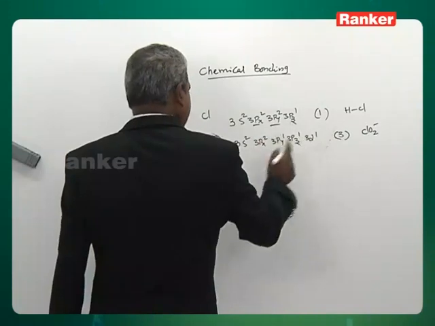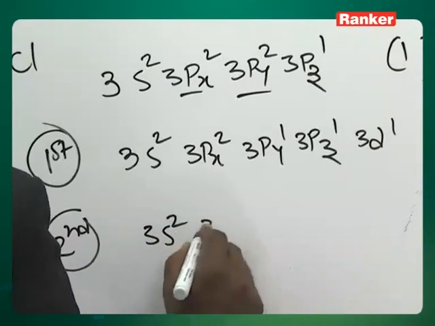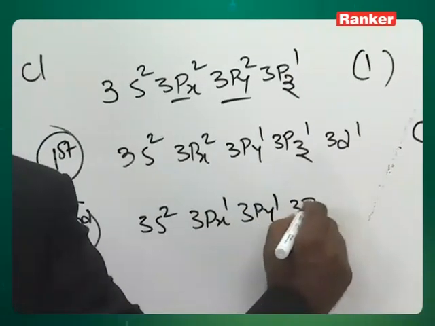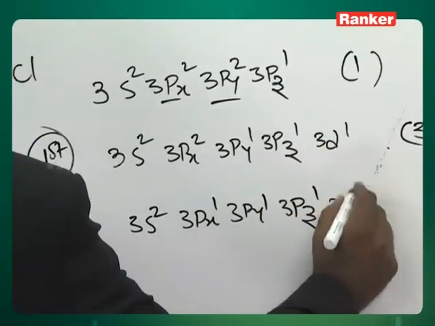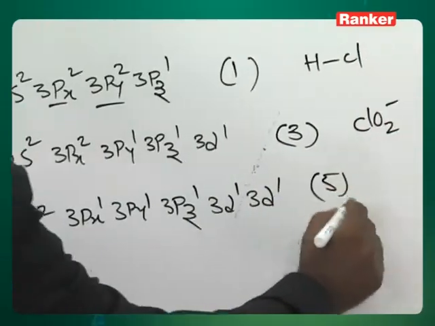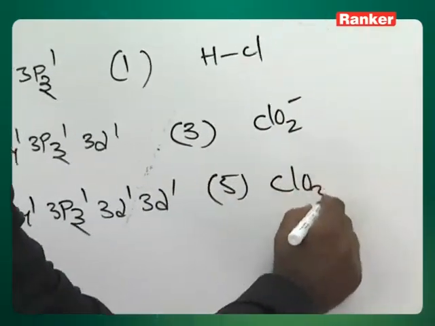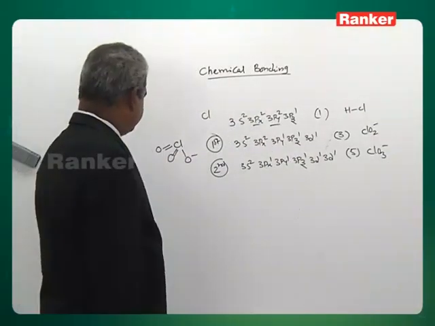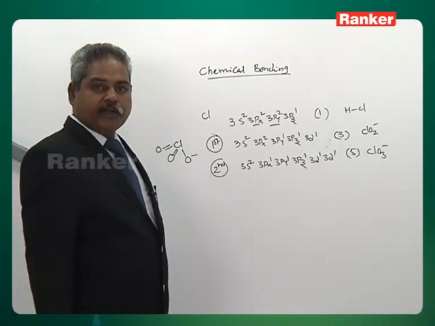You have so many d's: 3s2, 3px1, 3py1, 3pz1, 3d1, 3d1. Now you have 5 unpaired electrons, ClO3 minus. One more oxygen, ClO3 minus.